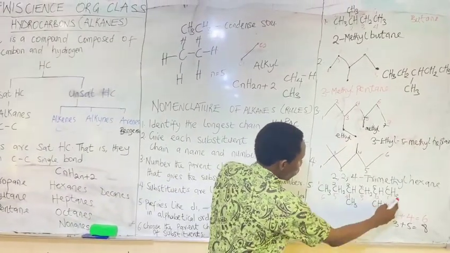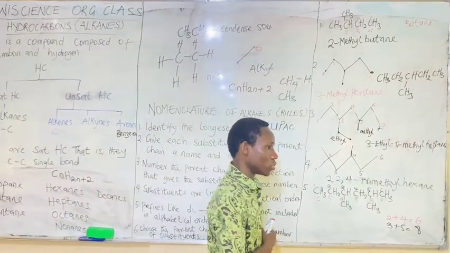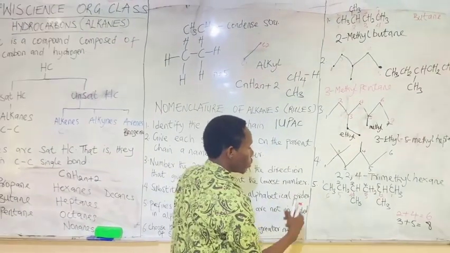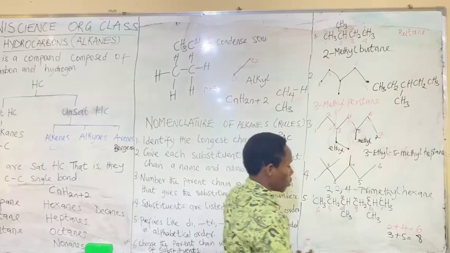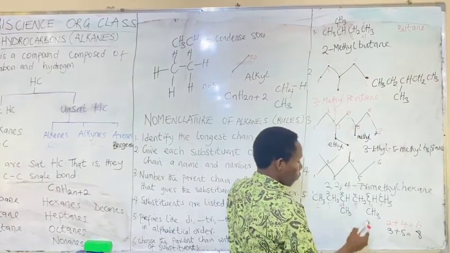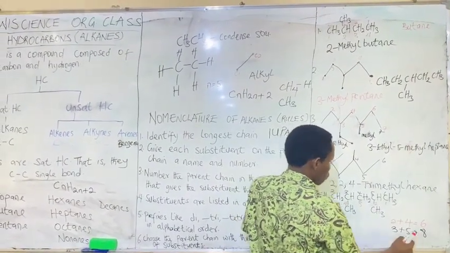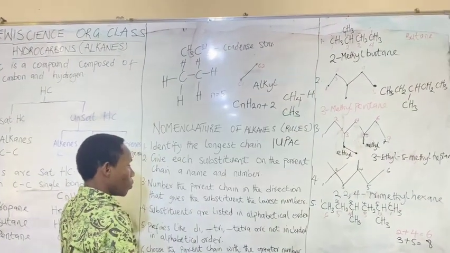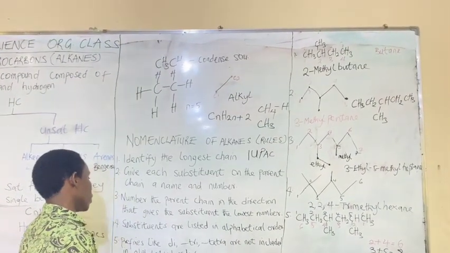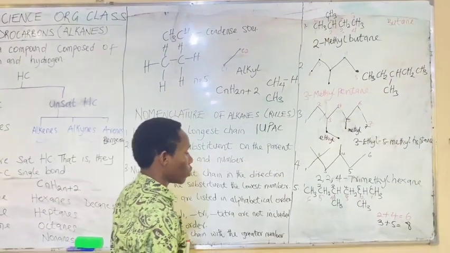If we number it this way, adding the numbers of the substituents together, we'll get 6, while if we number it this way, we'll get 8. So according to this rule, number the parent chain in the direction that gives the substituent the lowest number.